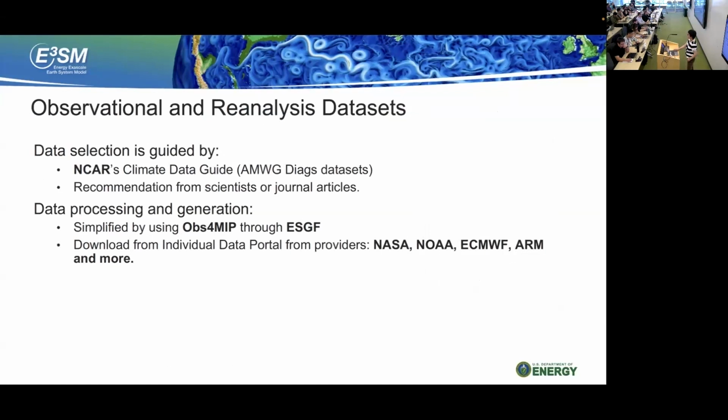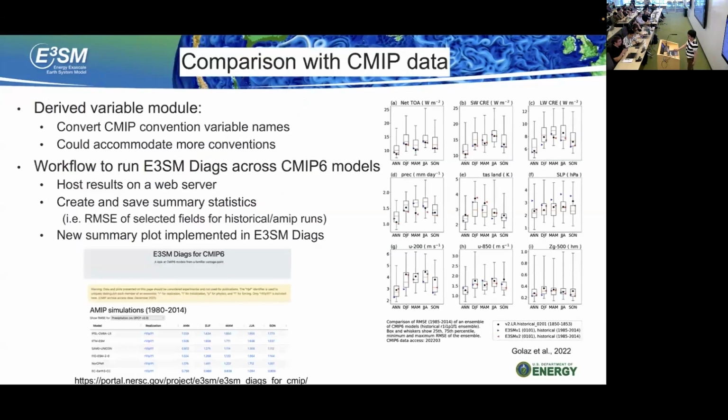For the data processing and generation, some data are taken from PCMDI's Obs4MIPs project. They distribute data through ESGF, and others are downloaded from individual data portals, for instance, from NASA, NOAA, ECMWF, and the ARM data archive.